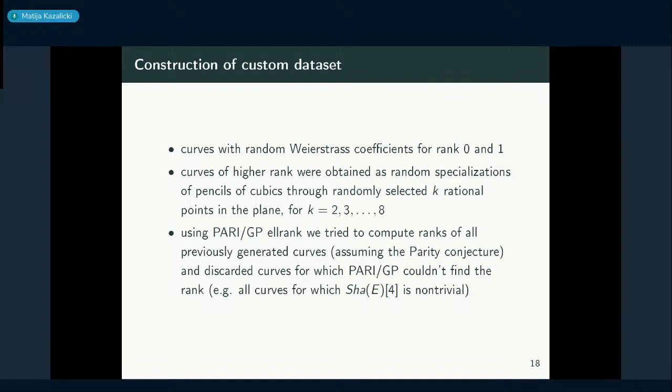After we sampled our curves, we tried to compute the rank with the PARI-GP L-rank method, and here we were also using the parity conjecture, and we discarded curves for which we could not find the rank for certain.